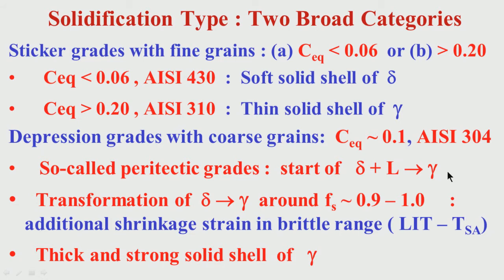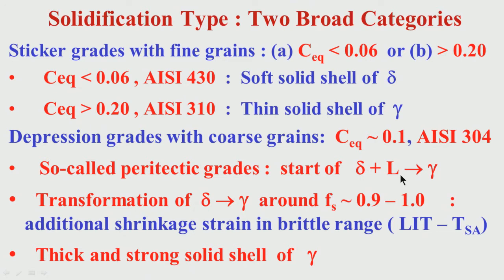This peritectic reaction takes place for certain range of chemistry, and when the typical chemistry is at the beginning of this peritectic range, that means around 0.1, and for stainless steel it is around 0.55 nickel equivalent by chromium equivalent. So, they are called so-called peritectic grades. The chemistry range is at the beginning of the peritectic range of chemistry.